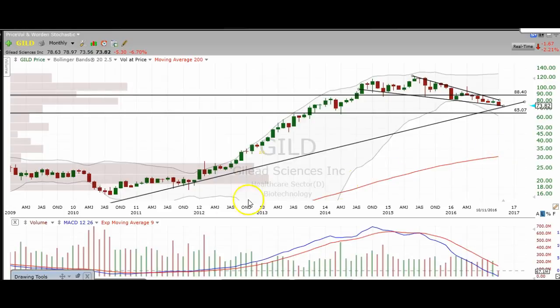Just keep in mind, this is a monthly chart, so the month has to close below it. See how right here we had several months that broke below it but ended up closing back above the trend line. So keep in mind it's a monthly chart, and just know the time frame that we're dealing with.